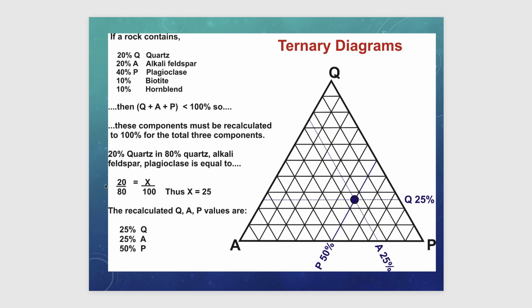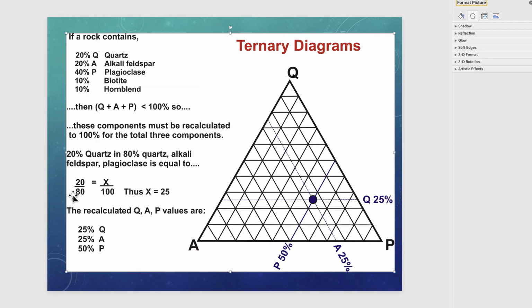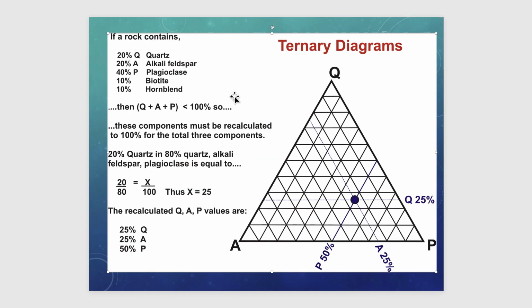So in this particular case, we have an example with essentially the fact that we have a total of 80%. So if we sum up these three, the QAP will result in 80%.